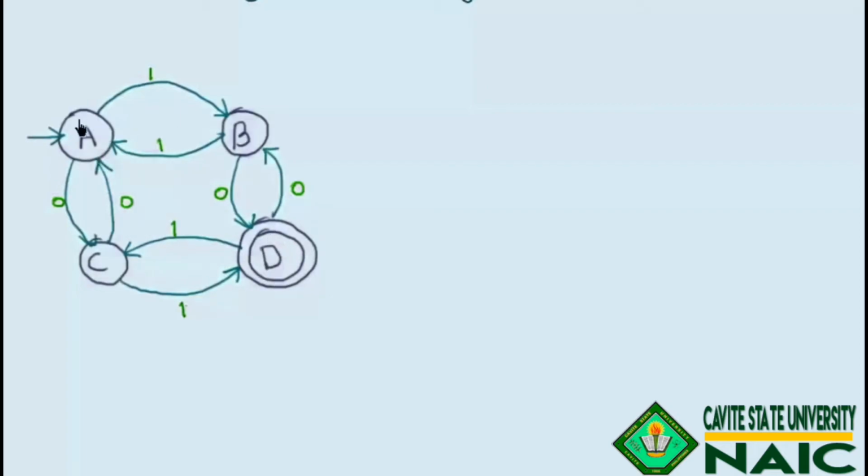And if you look at state D, there is something different. Every other state has one circle. This state D has two circles. It has a double circle around it. And what does that mean? Whenever you see a double circle, it means that that is the final state or the terminating state. So this state D, represented by two circles, is the final state of this DFA.